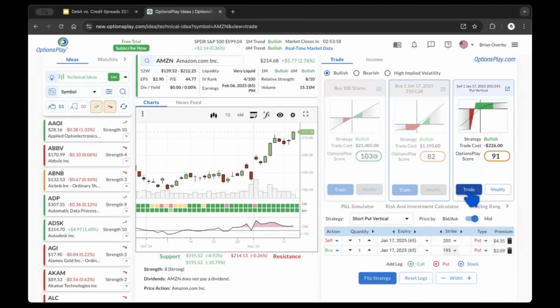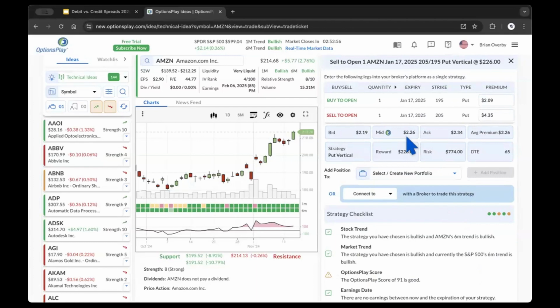Okay, so here we're 10 points wide. We're bringing in about $2, right? $2.25. So we're risking $774, and our maximum loss could be $10, which is the width of the spread right here. So our maximum risk is $774 per 1-by-1 spread that you put on.